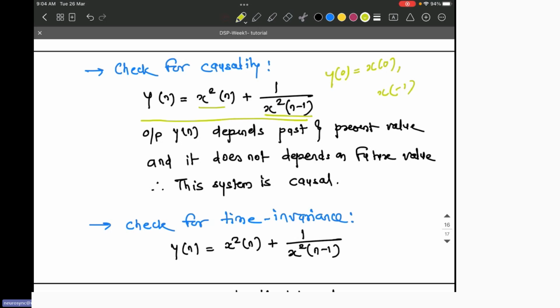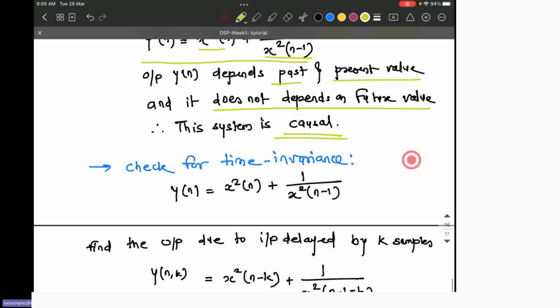Therefore, the output at n equal to 0 does not depend upon the future input. It depends only on the past and present values. Okay, it does not depend on the future value of the input. Therefore, this system is causal. We can say the system is causal.